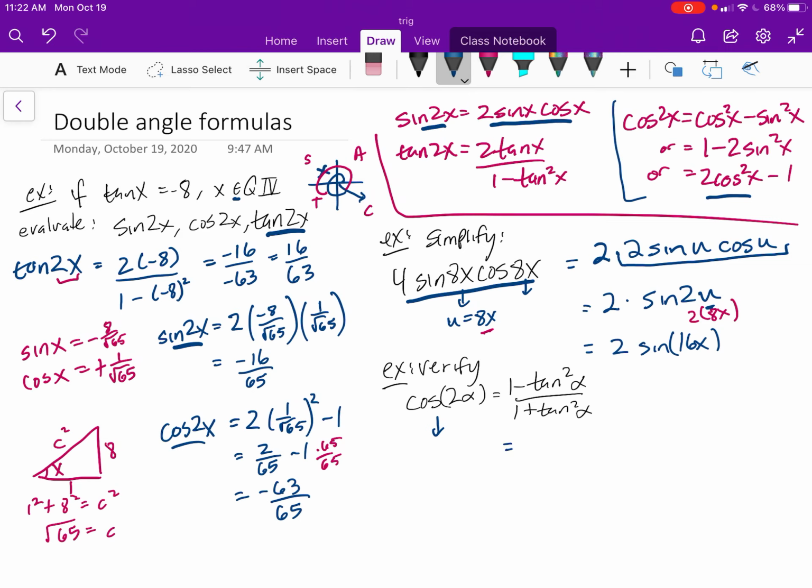One trick with tangent, anytime we have tangents, change it to sine and cosines, and then try to simplify from there. So I'm going to change the right-hand side. I'm going to leave the left-hand side alone. Okay, 1 minus sine squared over cosine squared, and then 1 plus sine squared alpha over cosine squared alpha. Okay, one trick with all these multiple fractions is to multiply by the LCD in the numerator and denominator.